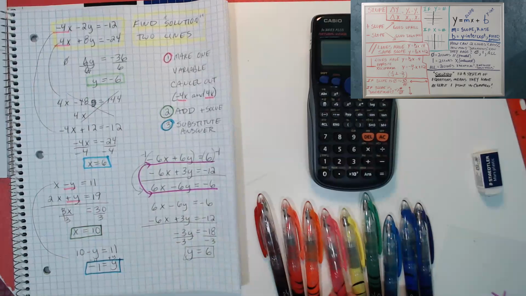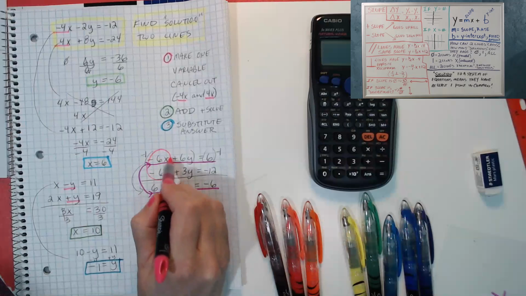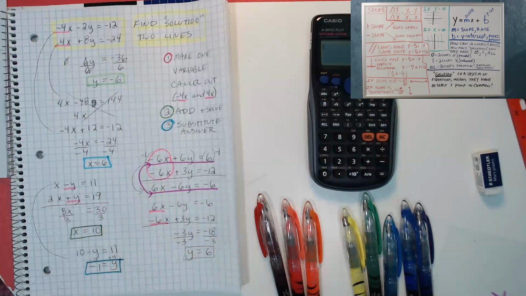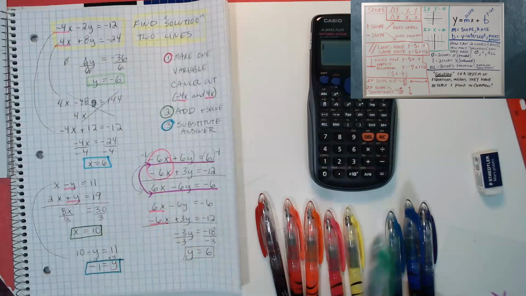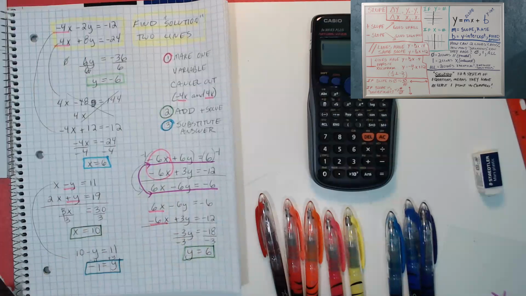So let's go back here to pink. And what I was doing was making this variable cancel out, making it positive. And I found that y, now I'm going to substitute it into the answer.